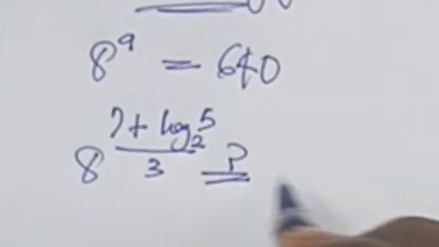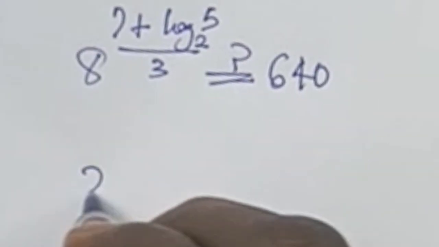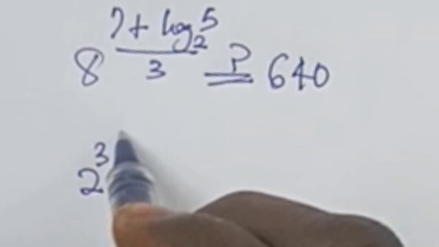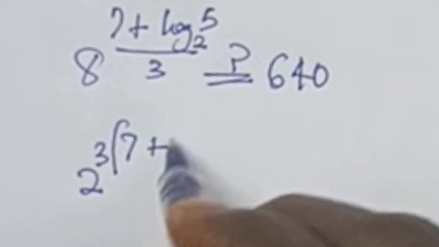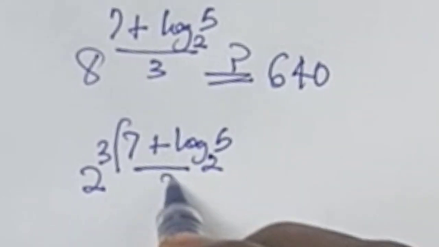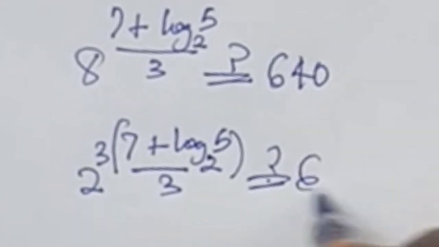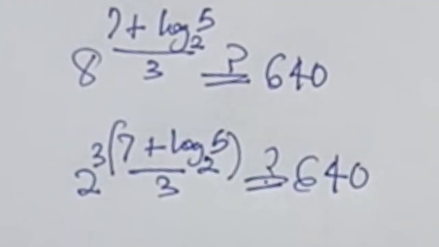We want to check if this will be equal to 640. And 8 can be written as 2 to the power of 3, raised to 7 plus log 5 base 2, this over 3, close the bracket. We want to know if actually this is equal to 640.